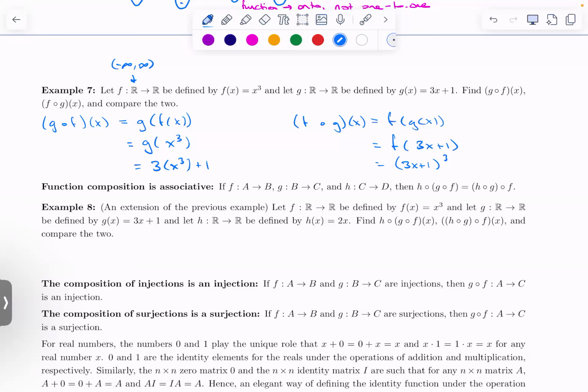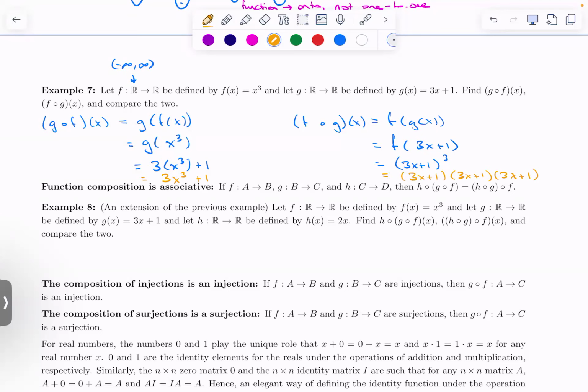These are not the same thing, right? This simplifies to just 3x to the 3 plus 1 if we ditch the brackets, but this would be, and I'm not going to do it, 3x plus 1 times 3x plus 1 times 3x plus 1. Yuck.